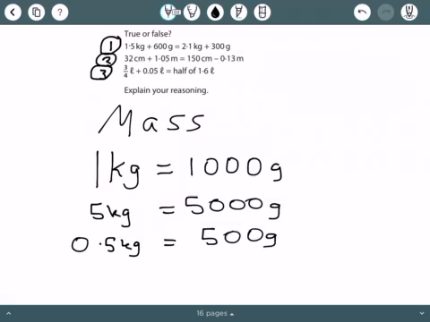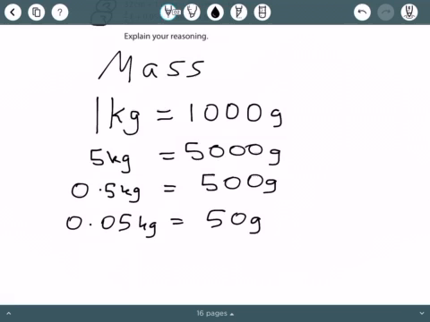And then you'd also go down, so 0.05 kilograms would be equal to 50 grams. And then if we scroll down slightly, 0.005 kilograms is equal to 5 grams.